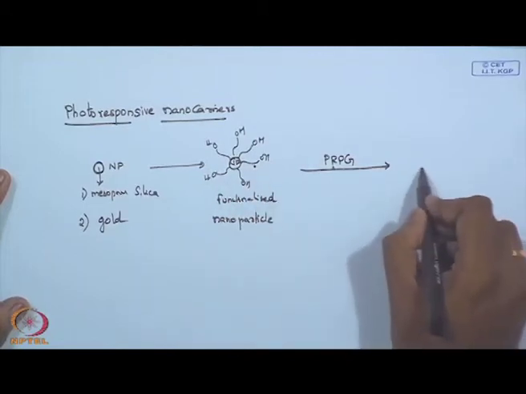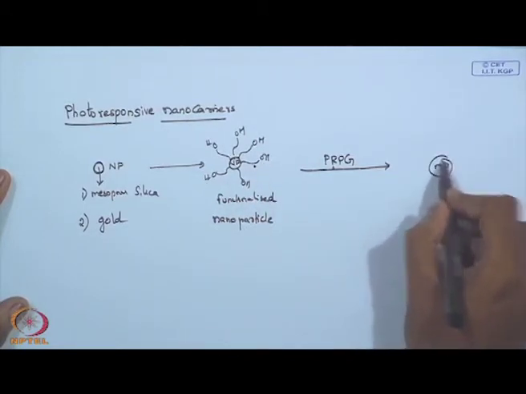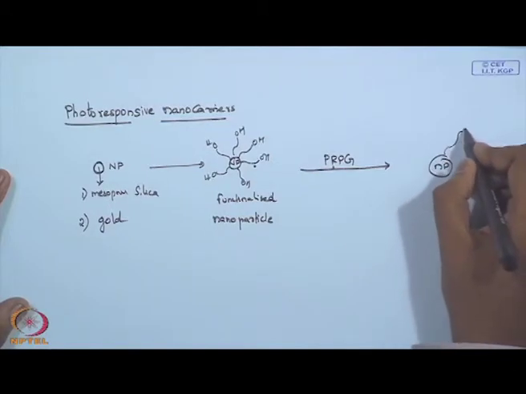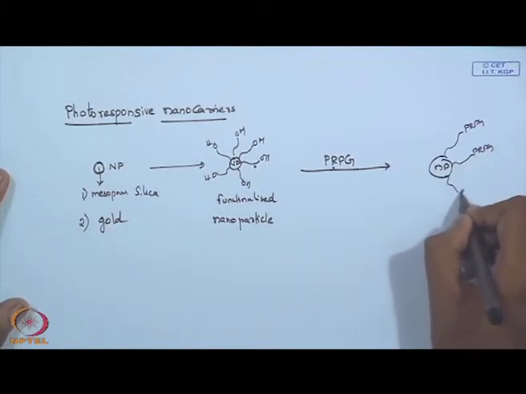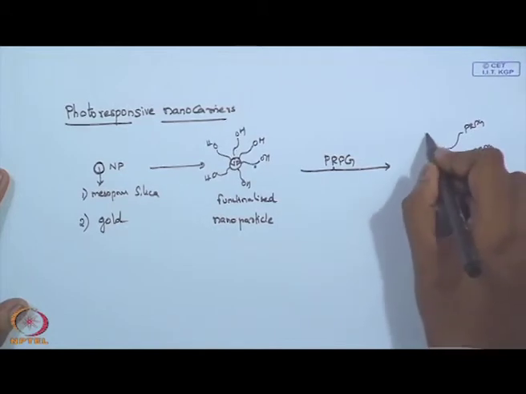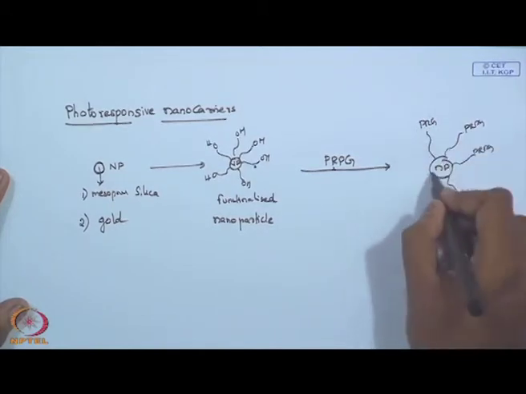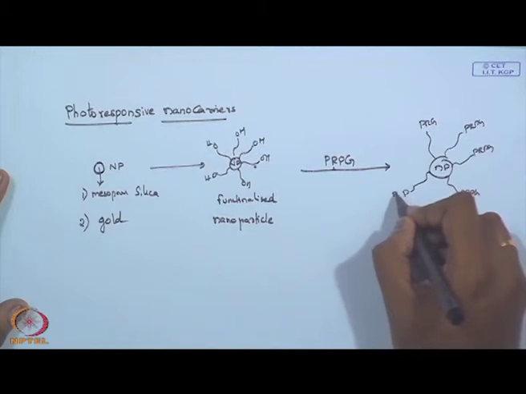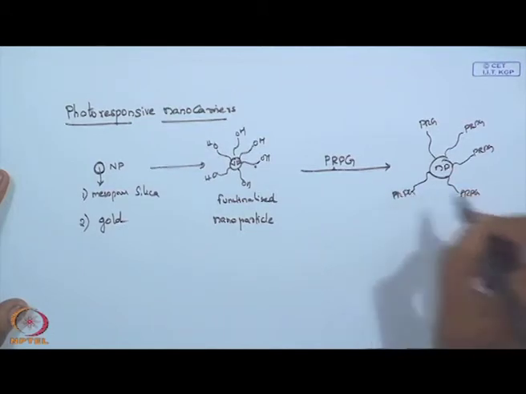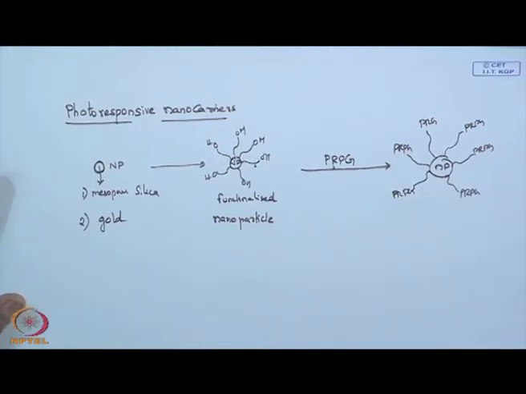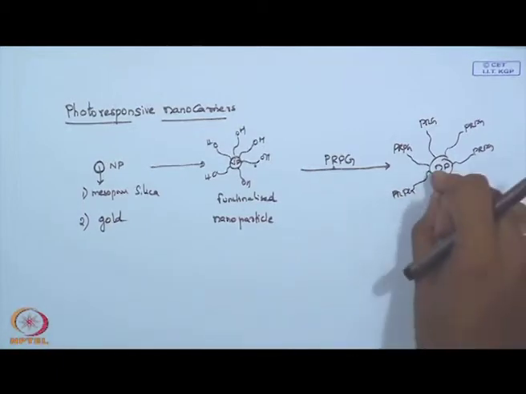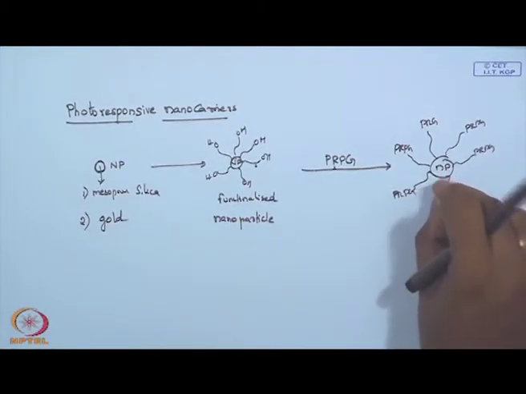Now you will have a nanoparticle with a photoremovable group at the end. You will have a system like this, and you can construct it like this if you want. This is called a photoresponsive nanocarrier.